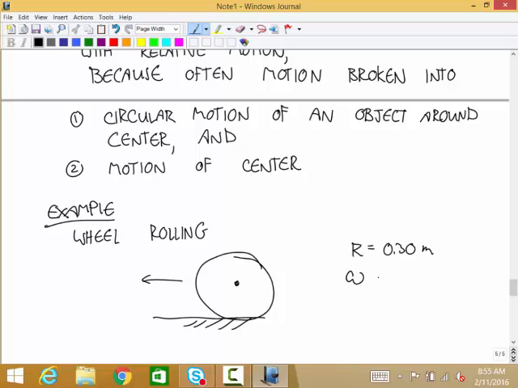The angular velocity of the wheel, the magnitude of it, is 33.333, the threes keep going, radians per second.